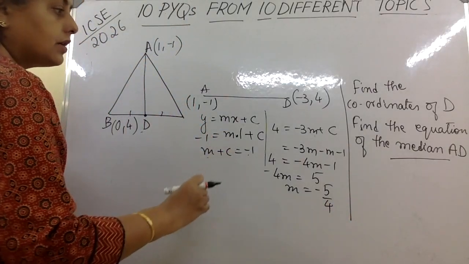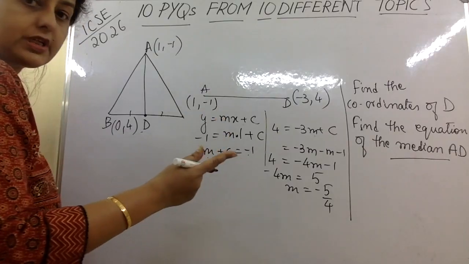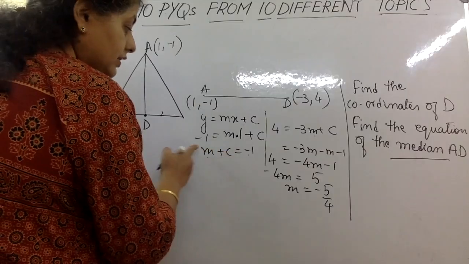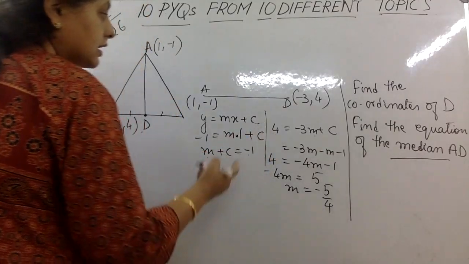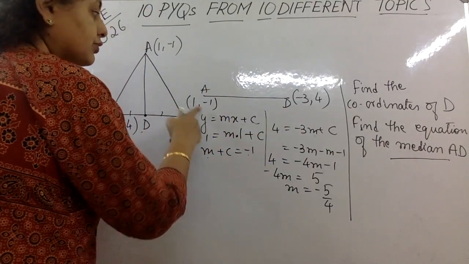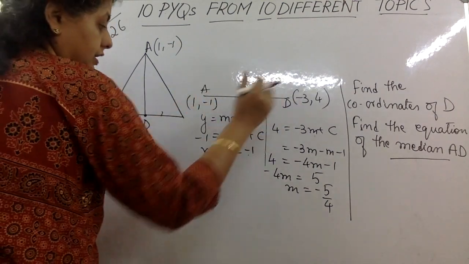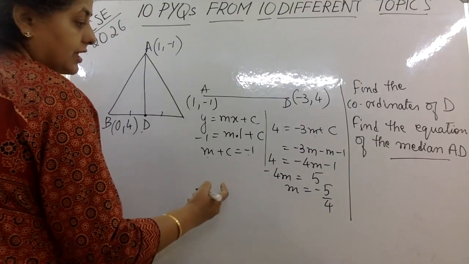Now remember one thing: when we have two unknown variables, we need to find two unknowns, so we have to form two equations. One equation is this, the other equation is this. We got two equations using both the coordinates. Now m is equal to minus 5 by 4.